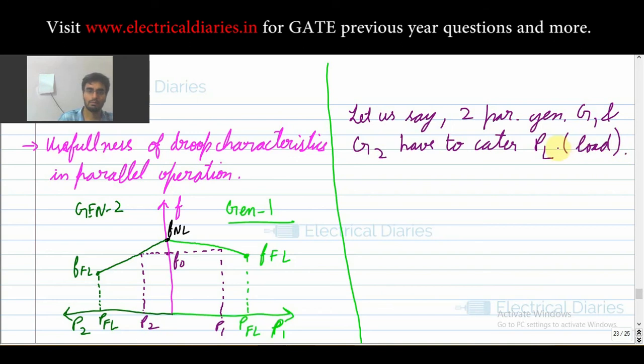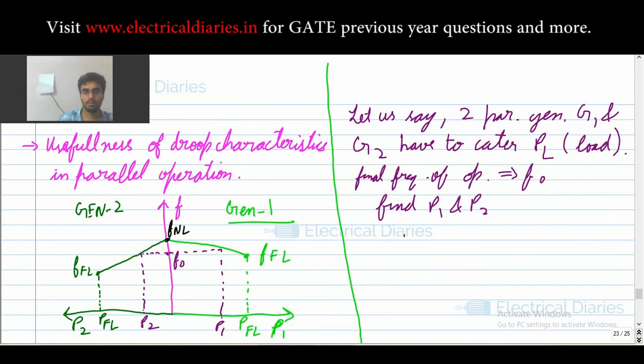Now it is asked what will be the final frequency of operation. Or the final frequency of operation may be given to you as, let us say, F0, and you may be asked to find P1 and P2. Here P1 plus P2 is equal to PL.